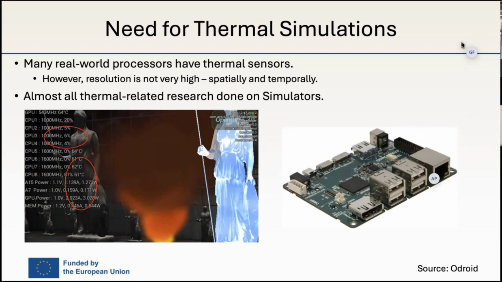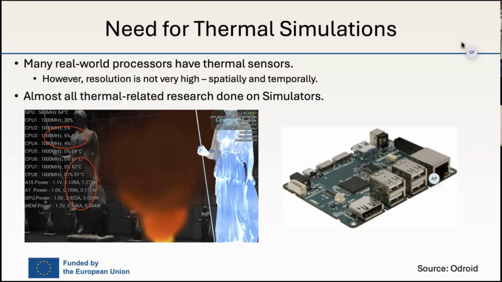So if you want to study reliability, you first have to study the thermals of a processor, because temperature and reliability are so interlinked with each other. A lot of processors or embedded boards have thermal sensors in them, which can be used to do thermal research and maybe also reliability research.